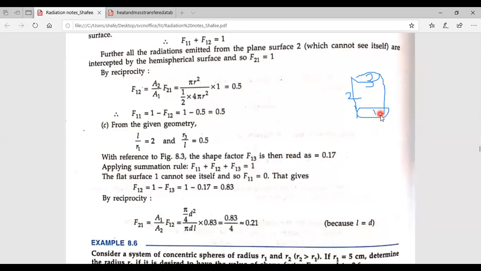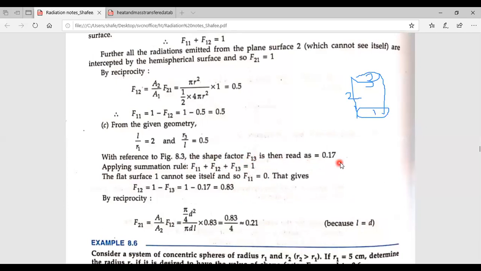Now, sir, what is the radiation to 1 itself? We'll assume that surface 1 can't see itself, because two opposite surfaces can see each other, like 1 and 3, 1 and 2, but what about 1 to 1 itself? We'll assume it as 0. Remember this summation rule: F11 plus F12 plus F13 is equal to 1.